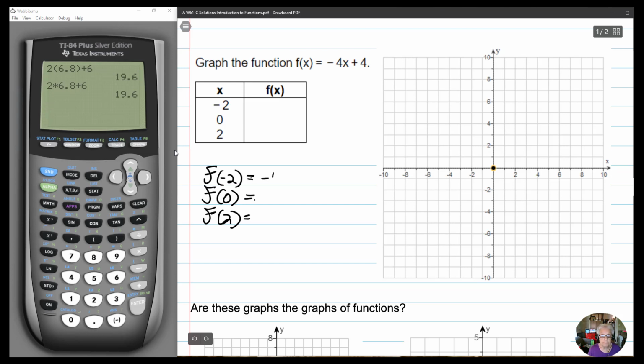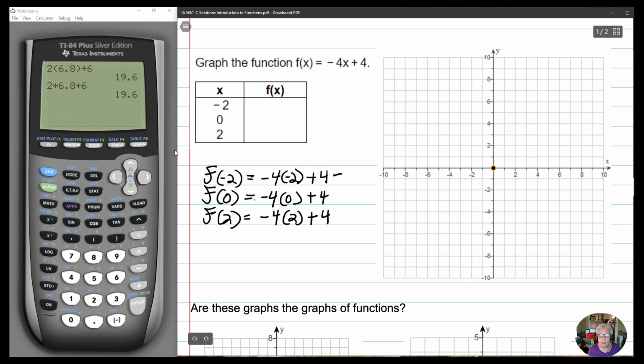That means negative 4 times negative 2 plus 4. Negative 4 times 0 plus 4. Negative 4 times positive 2 plus 4.